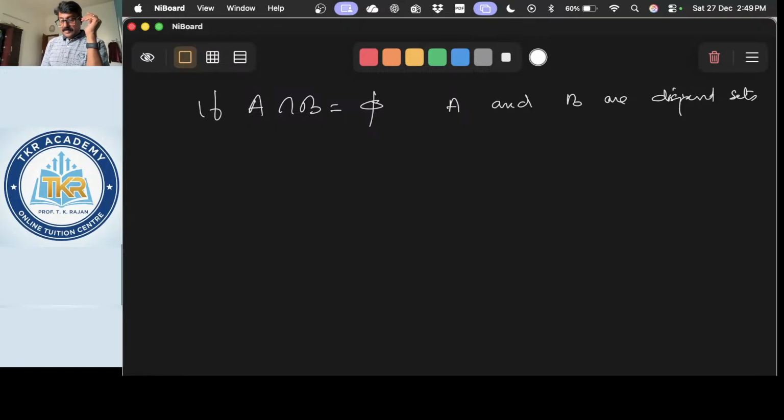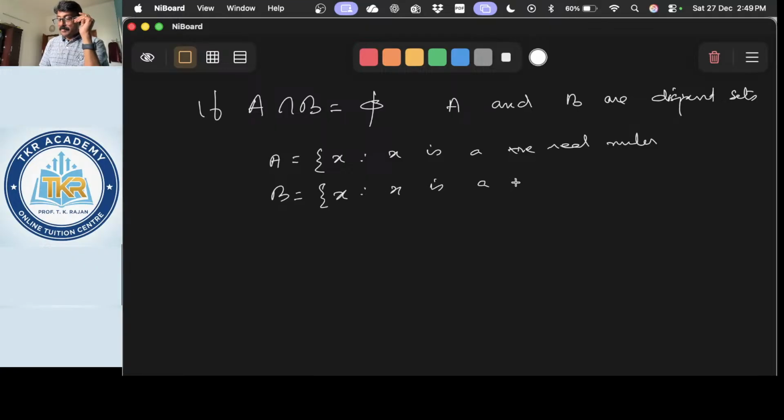For example, let us take A equal to the set of all x such that x is a positive real number, and B equal to the set of all x such that x is a negative real number. Then what about A intersection B? There is no number which is both in A and B, positive and negative. Therefore, A intersection B is an empty set.